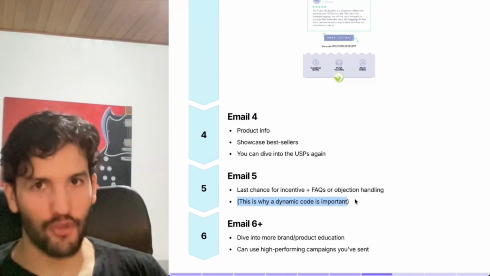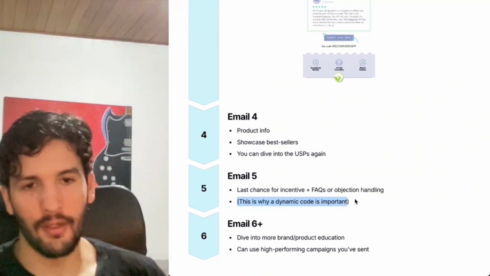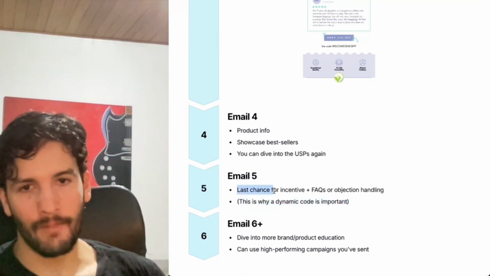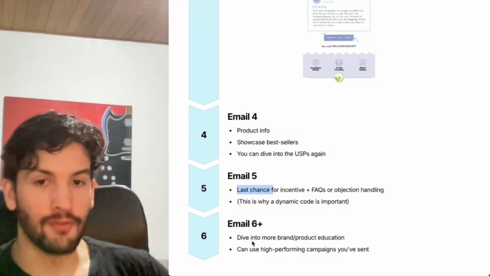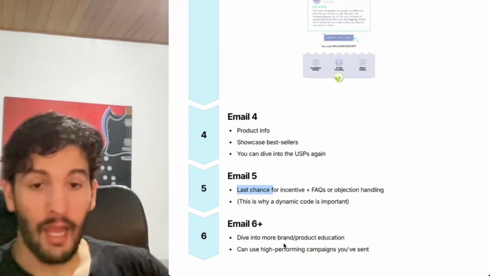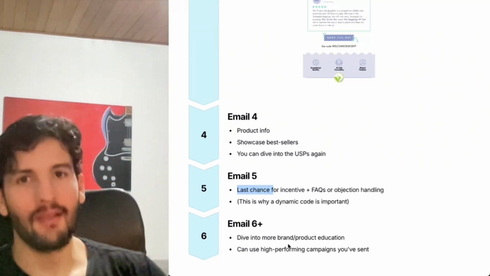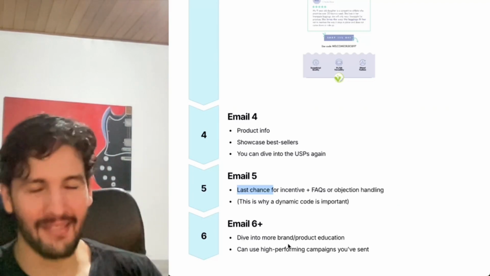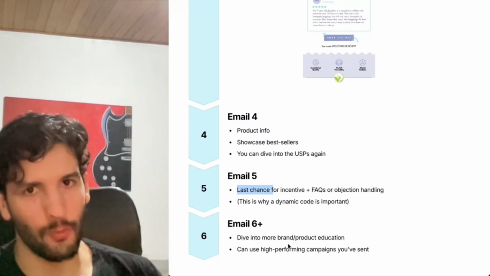Point is, make sure it looks unique, right? So that way you can use urgency here for that fifth email. And then email 6 plus, if you want, you can dive into more brand and product education, and you can also use high-performing campaigns you've sent in the past that work really well as an extra email in this flow right here.